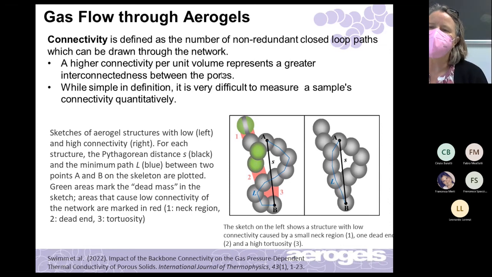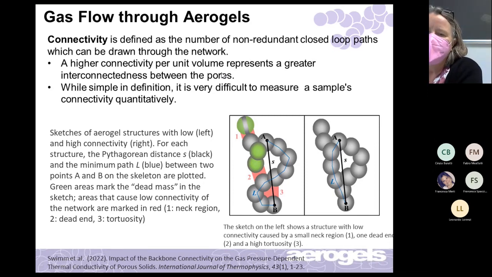You can also talk about the connectivity of not only the pores, but, in this picture here, the aerogel structure again, and we talk about the connectivity of the structure. These are two sketches of the aerogel structure. We have low connectivity and higher connectivity.